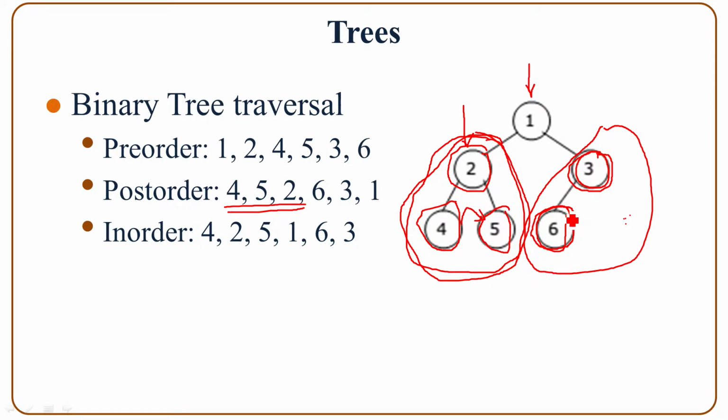And once you're done with 3, as you can see here, the order of nodes is 6 and 3. Once you're done with the right subtree, we visit the root of the tree, which is node 1. And finally, we have the whole order of visiting.